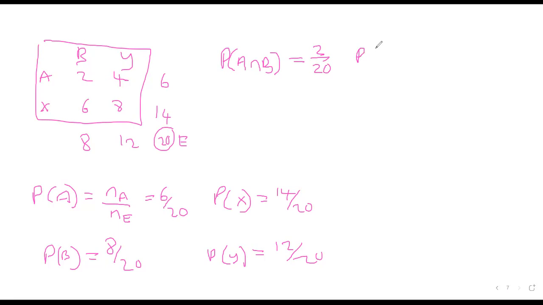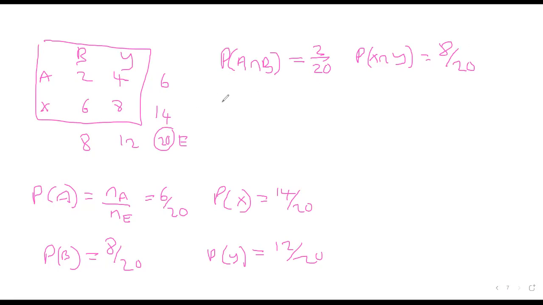So tell me, what is X intersection Y? When you draw a plus, they meet at 8, so 8 over 20.